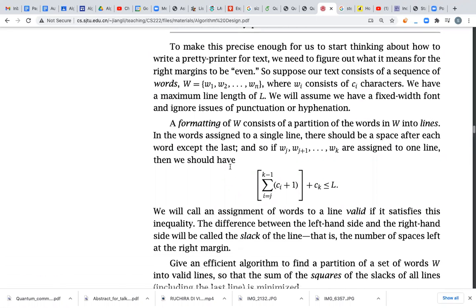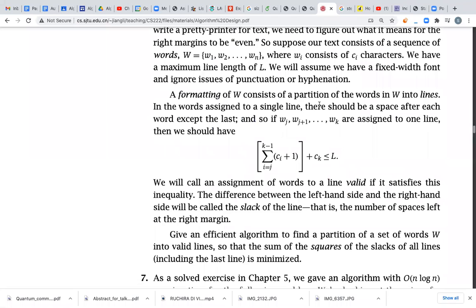Formatting of W consists of partitioning it into lines in a word. So if this is assigned to one line, then we have this quantity is less than L.